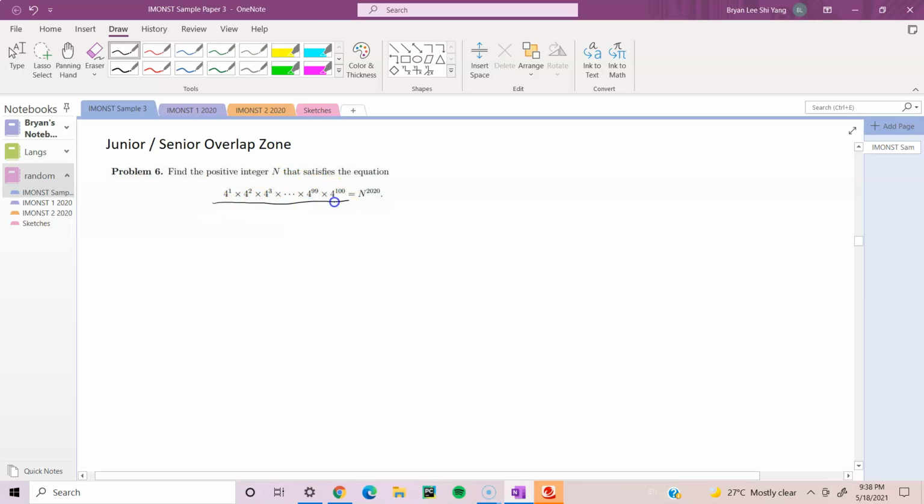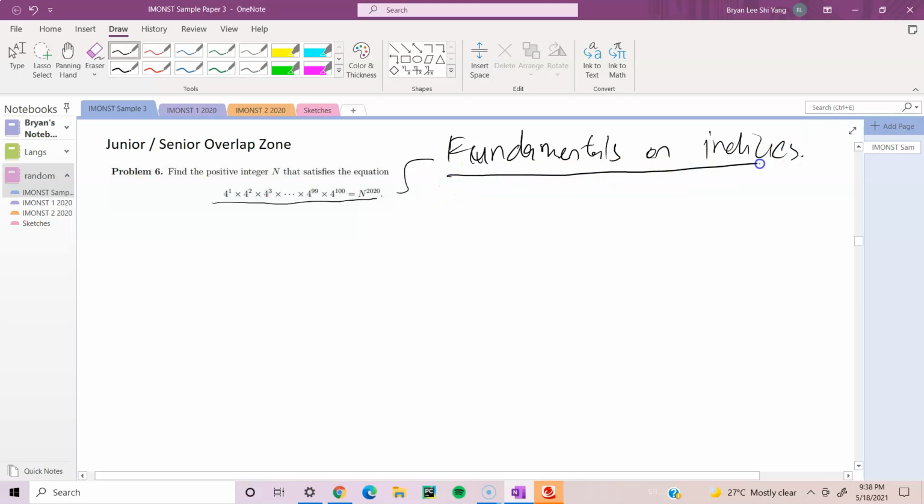So the base here is a few fundamentals on indices. If we want n to the power of a times n to the power of b, this would be n to the power of a plus b.